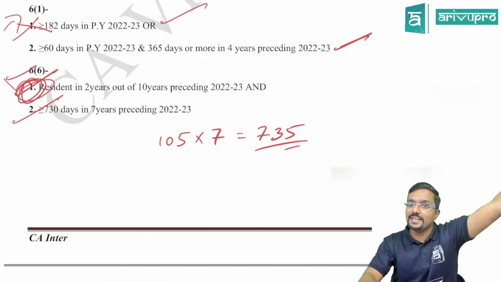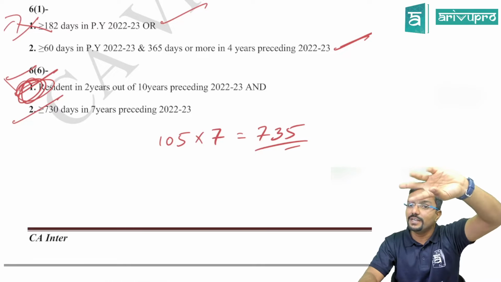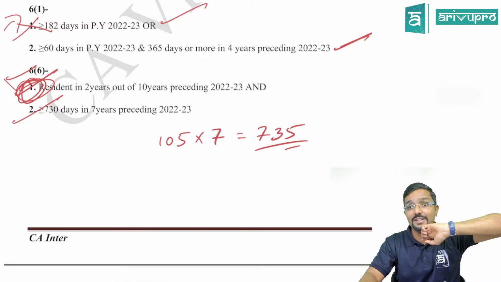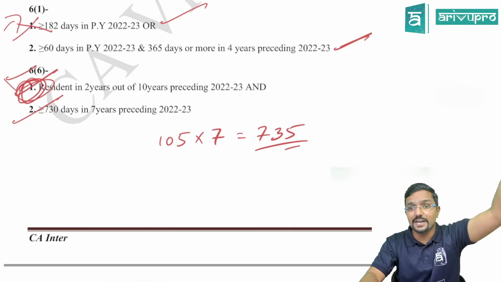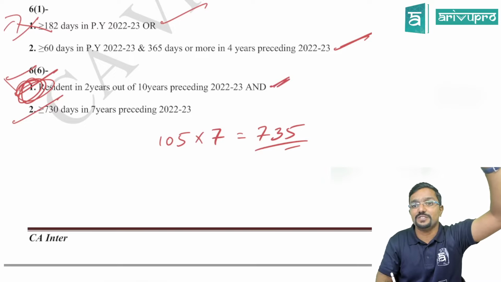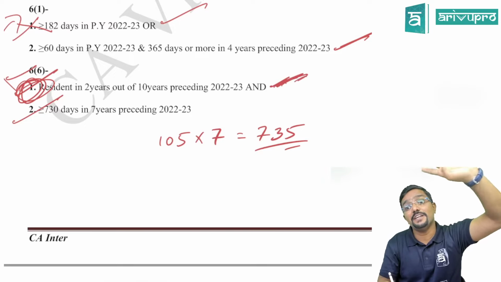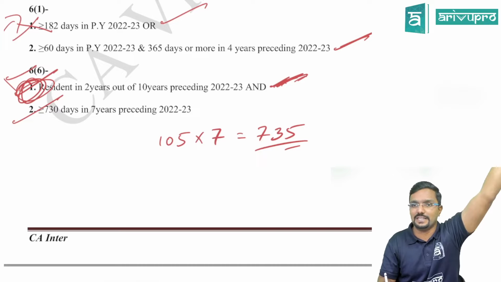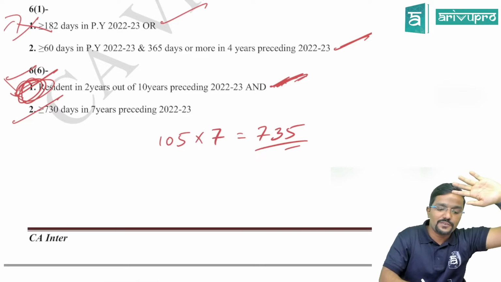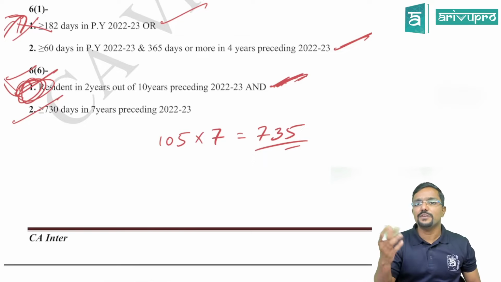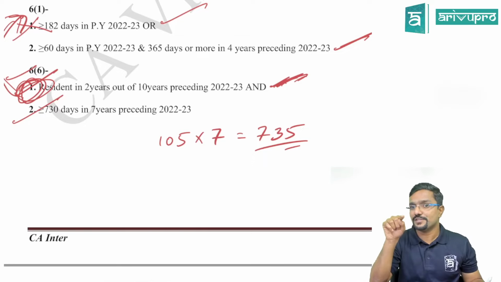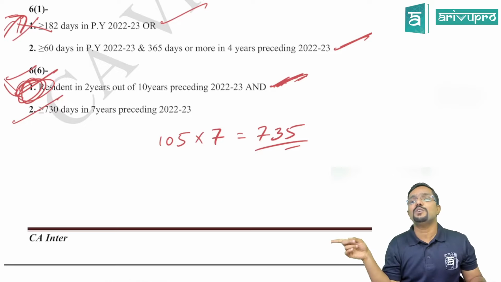Last 10 years, have you satisfied any one condition given under section 6.1? That is just to check whether you are resident or non-resident. To check whether you satisfied this condition, I need to check whether you are resident in that year. For this purpose we are referring back. In the previous question, one of the B case, Karta was non-resident, but still he was satisfying both the conditions.